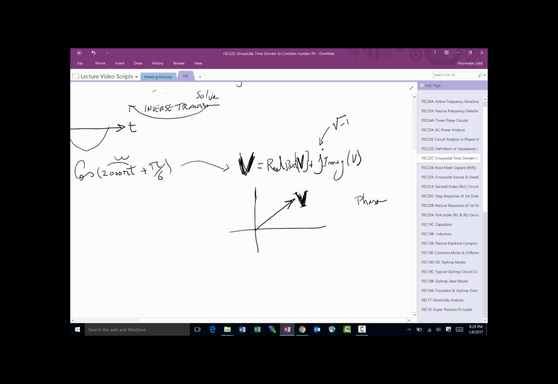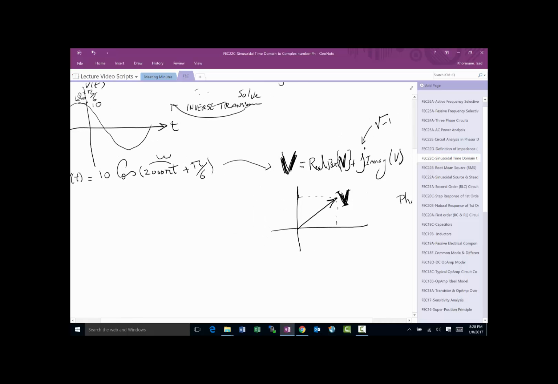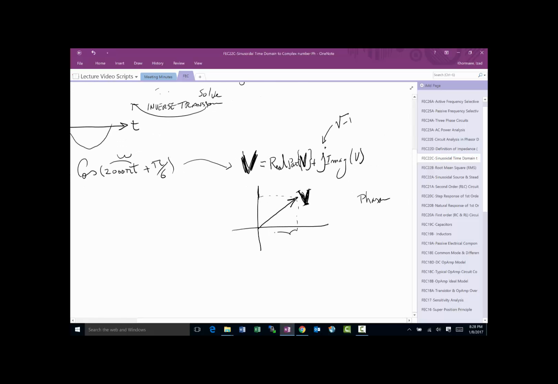So in a Phasor domain, we've got this complex number which tries to represent this cosine. It represents it with the real part, and this is the imaginary part.